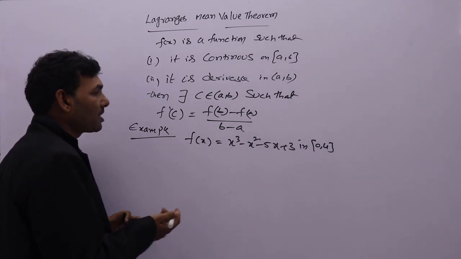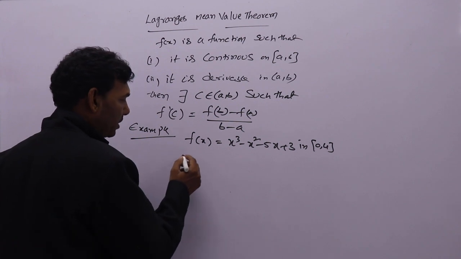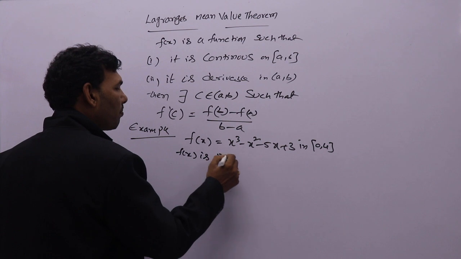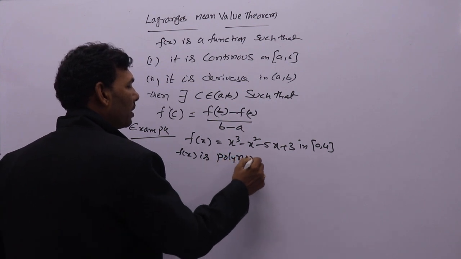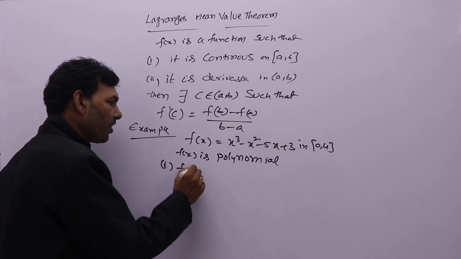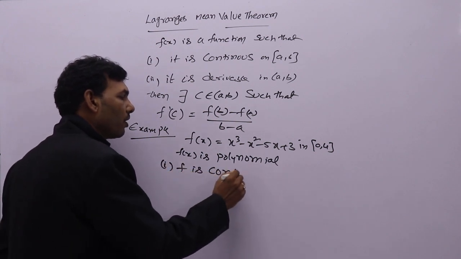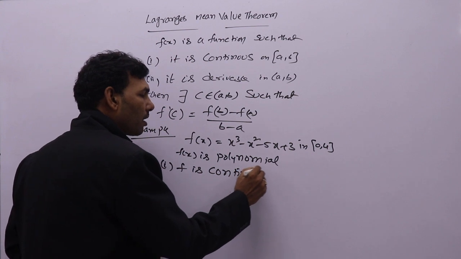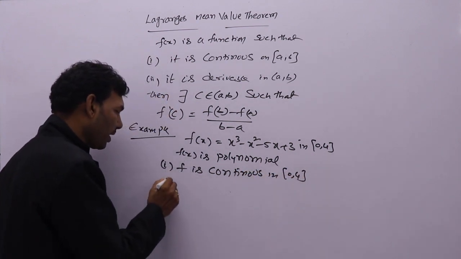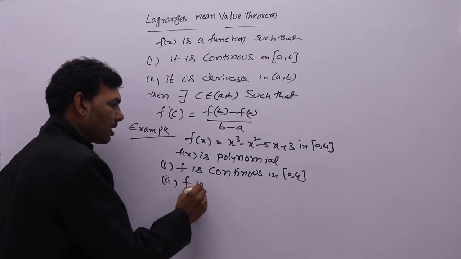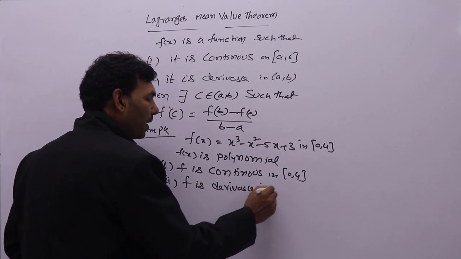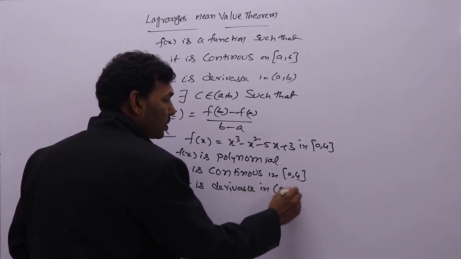Since f(x) is a polynomial, what can we say? f is continuous in the given closed interval [0, 4], and f is derivable in the open interval (0, 4).